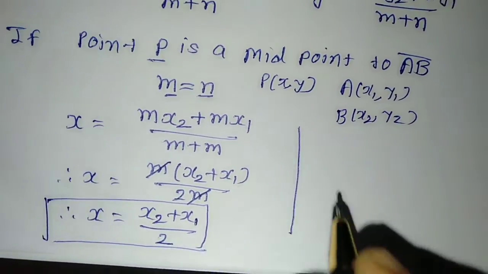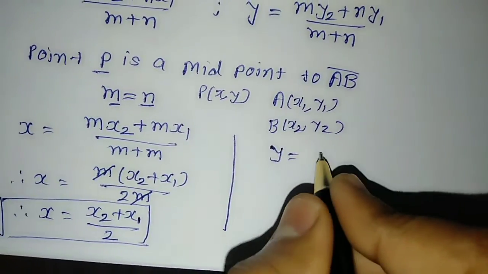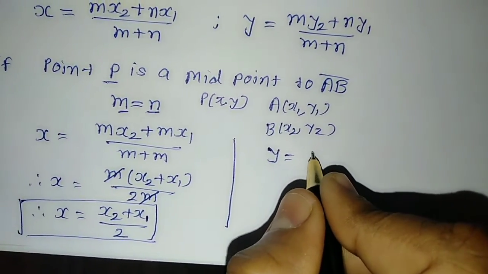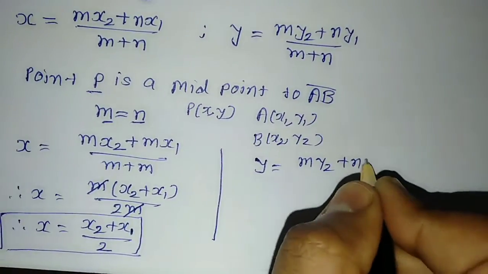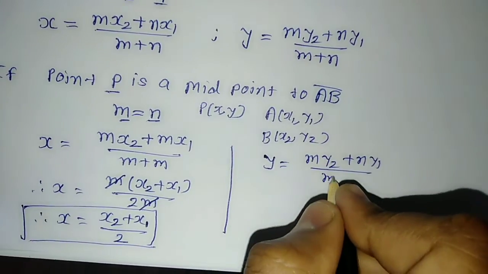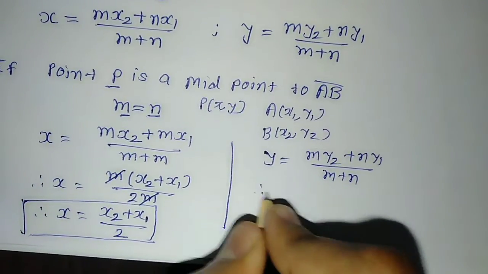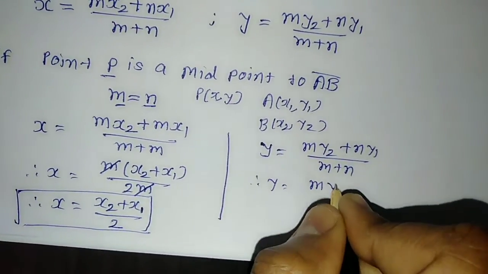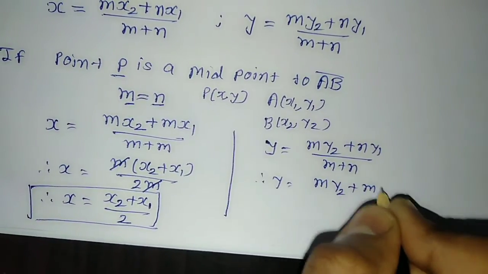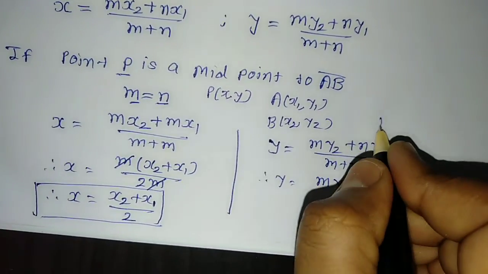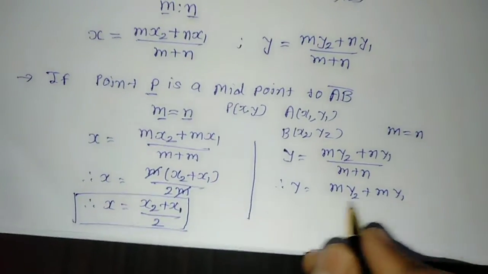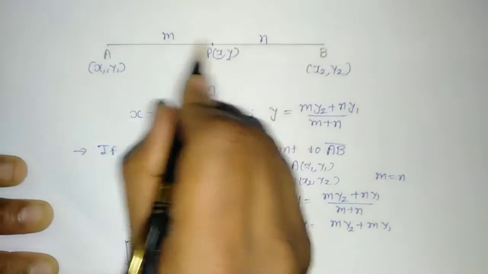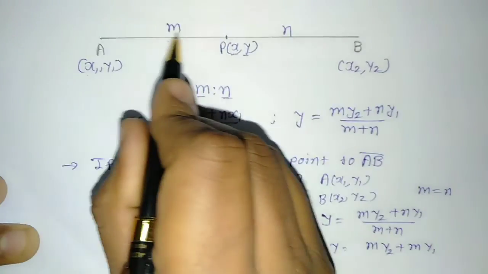In a similar way, if we want to find y, we know the formula y = (my2 + ny1) upon (m + n). Similarly, we write it as my2 plus my1, because m is equal to n. The ratios are the same because this is a midpoint, so both these distances m and n become equal.